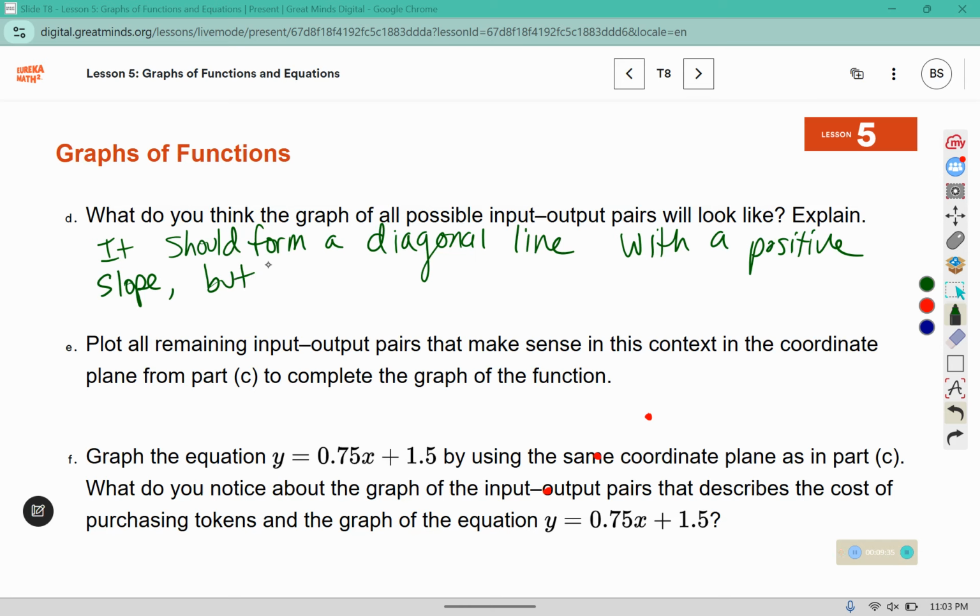But we won't connect the points. And the reason is because we can't buy partial tokens.